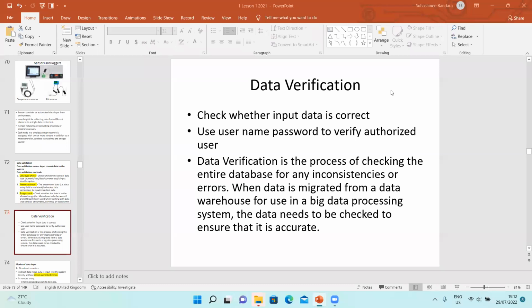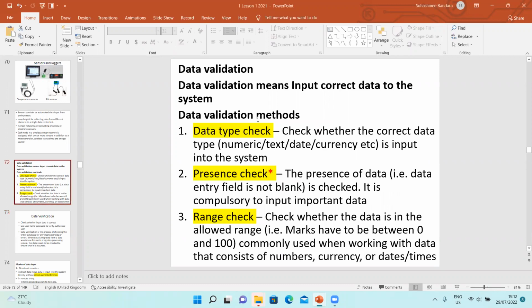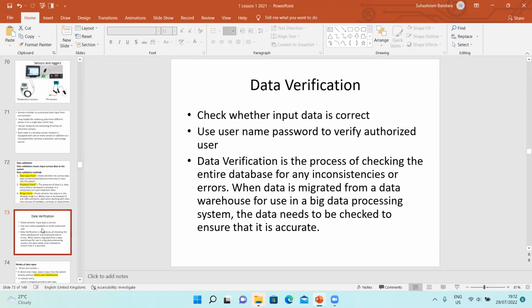Next one, verification. Check whether the input data is correct. Earlier we said validate means input correct data to the system. Verify means check whether the input data is correct, for example the username and password to verify authorized users. Data verification is the process of checking the entire database for inconsistencies or errors.